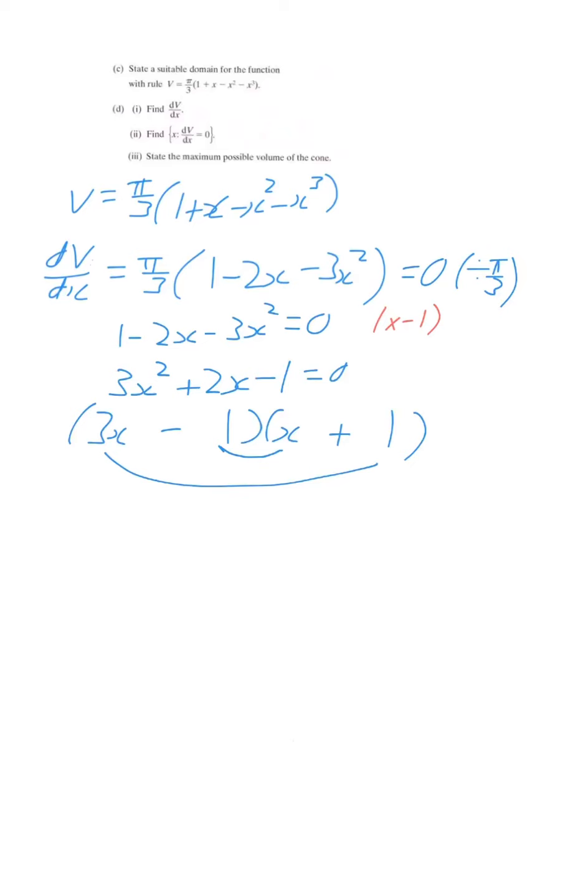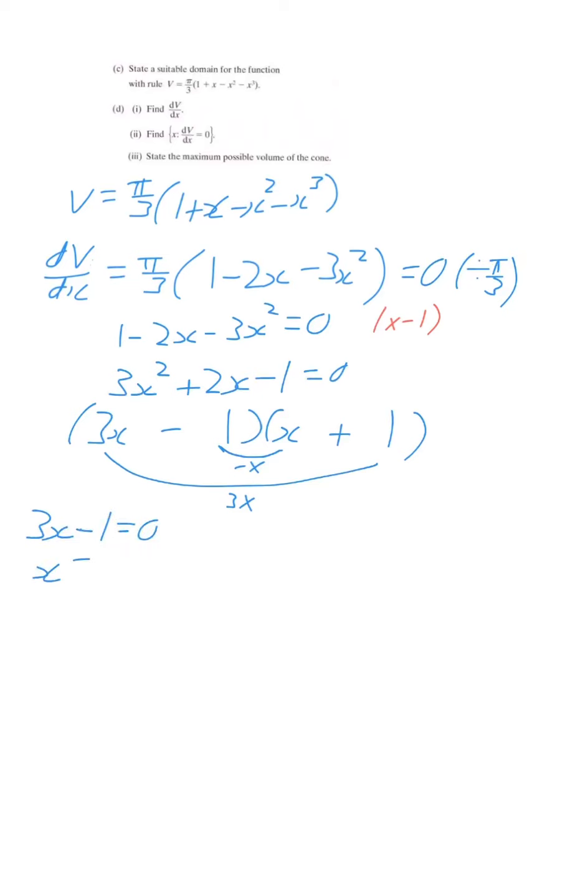Also then, if you expanded minus 1 times 1, I'd have minus 1. Okay, so then let me just write that in, 3x and minus x. Okay, so now I'm going to have 3x minus 1 equal to 0.